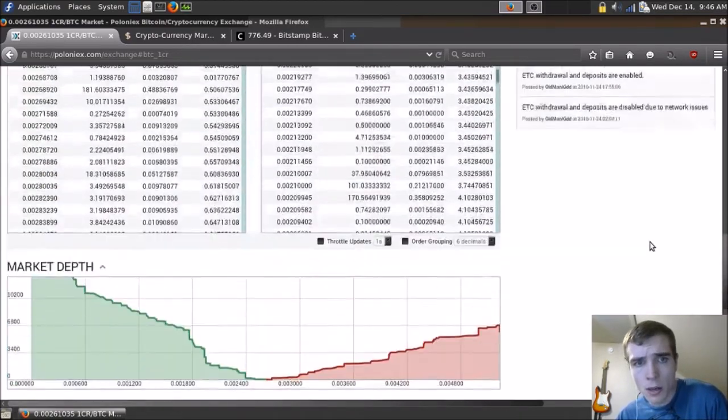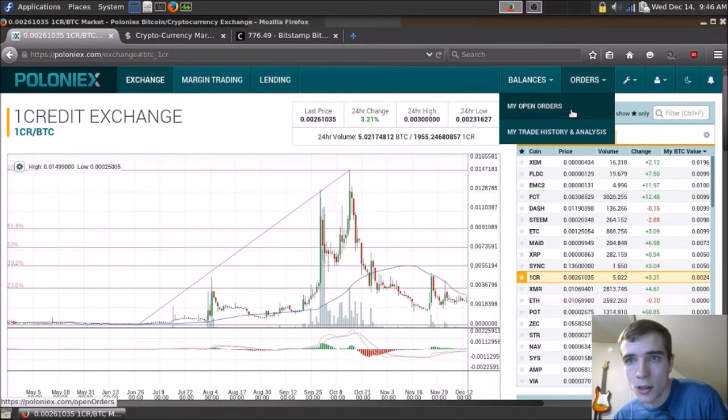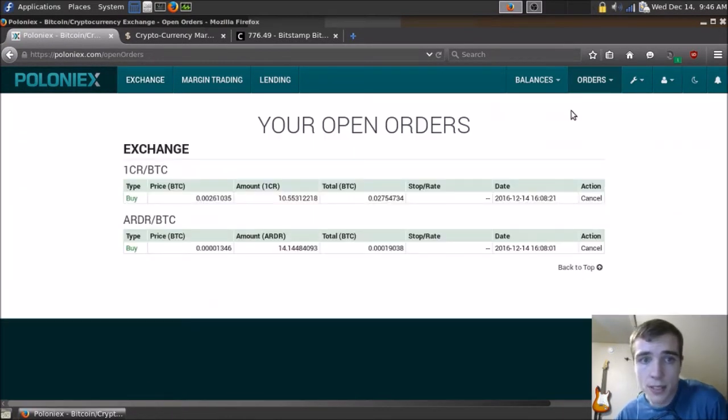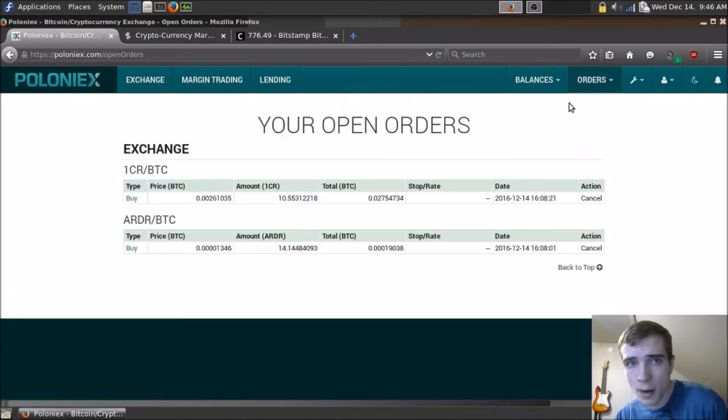Now, a quick way to see if you have any open orders that you have Bitcoin holding in that you maybe forgot about is you can go to your open orders here, and that's on the top right, and then you click my orders, and that takes you to your open orders.